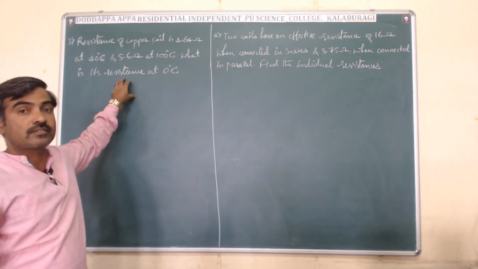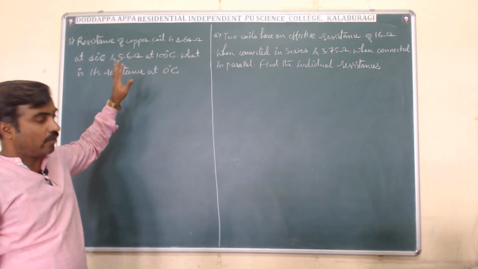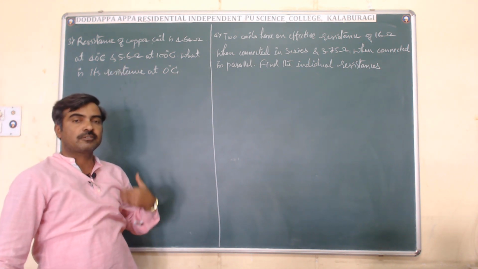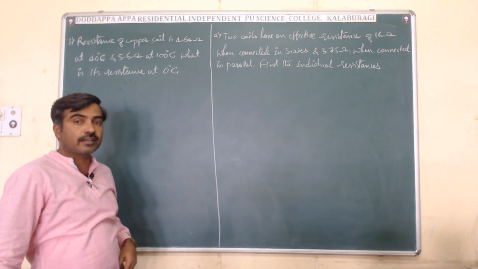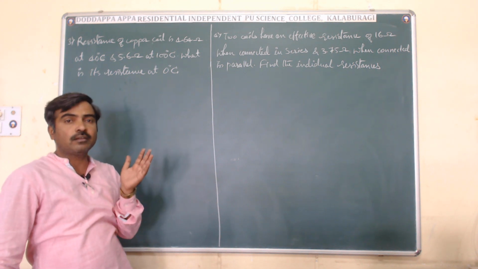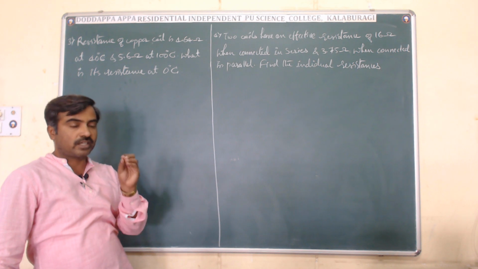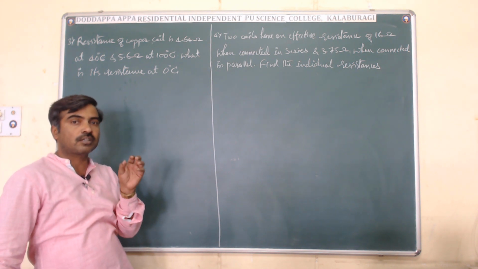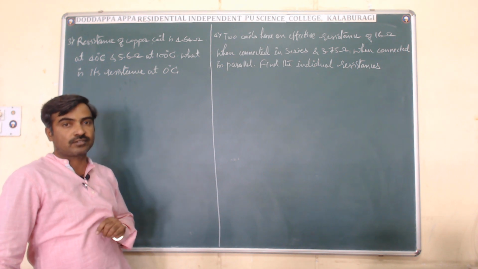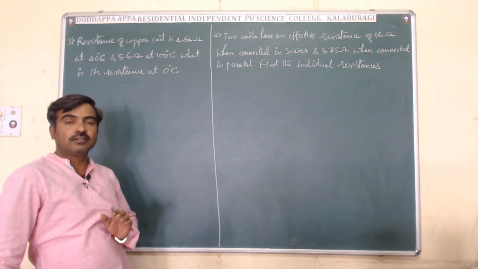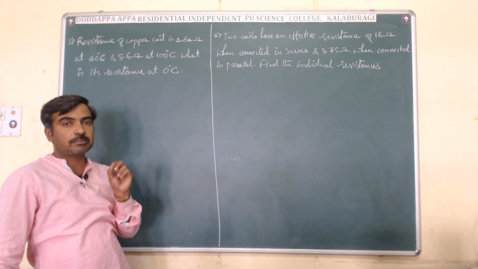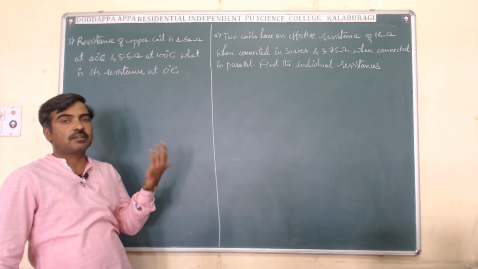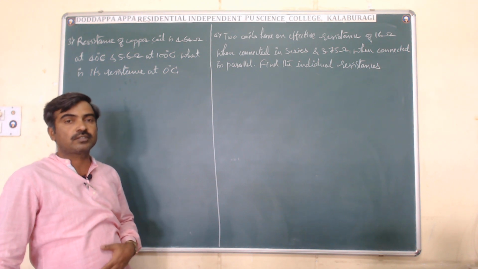Temperature dependence of resistance, which we have discussed in the theory class: as the temperature increases, the resistance also increases, and for every metal or conductor there exists a constant value of the temperature coefficient. The symbol alpha we have used is called the temperature coefficient. And with respect to the change in temperature, how the resistance is going to change, we have discussed.